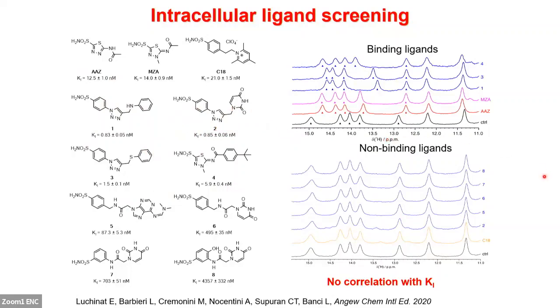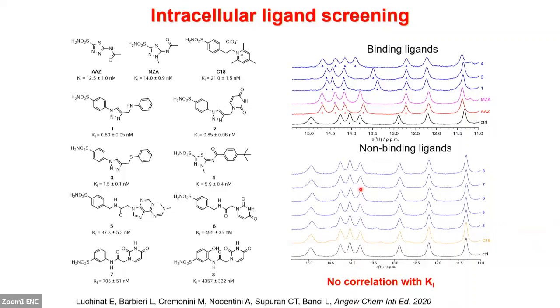But look: molecule 1 binds to the active site in the cell, while molecule 2 doesn't enter the cell. These molecules are very similar, with exactly the same thermodynamics and affinity in vitro, and they have totally different behavior in the cell.